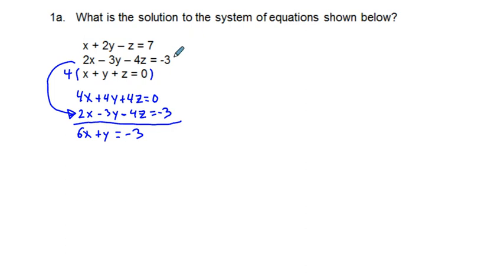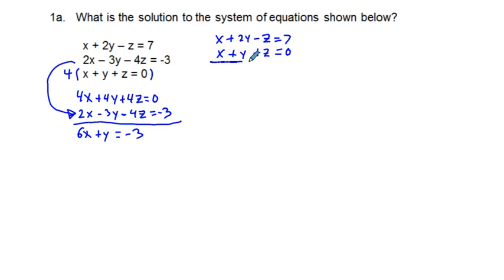So there's one equation that we've distilled. Now I'm going to take the first and last equations and add them together to get z out of there as well. The top equation is x plus 2y minus z equals 7, and the very bottom one is x plus y plus z equals 0.